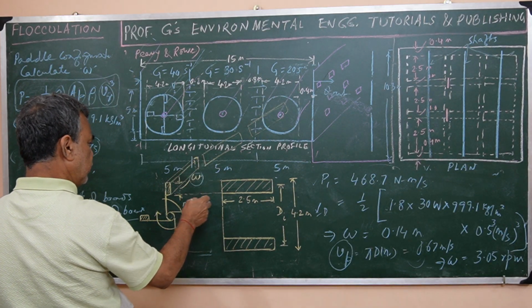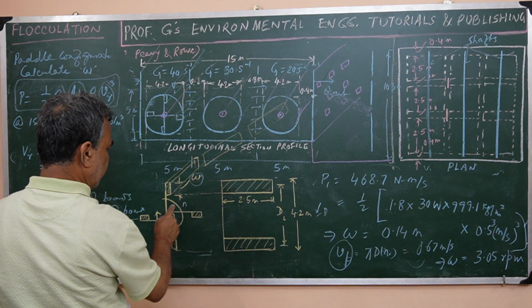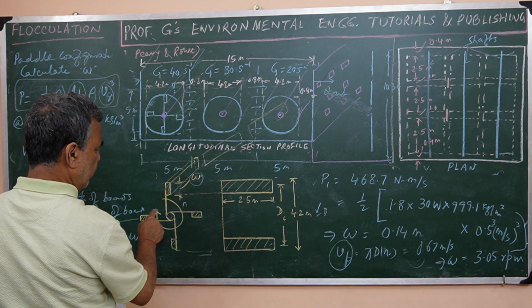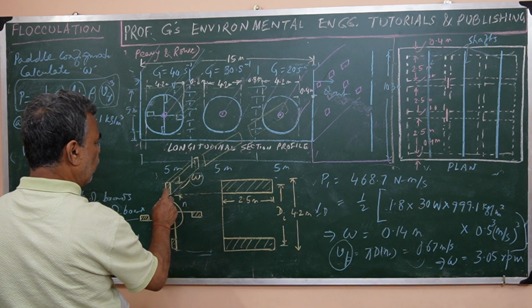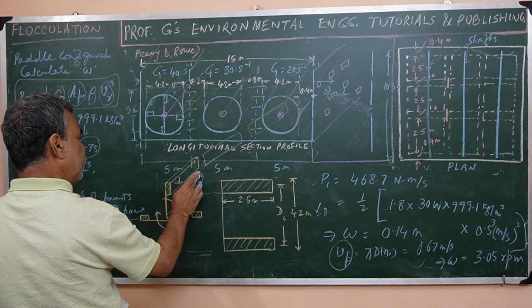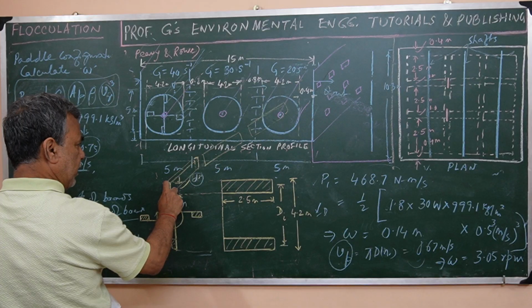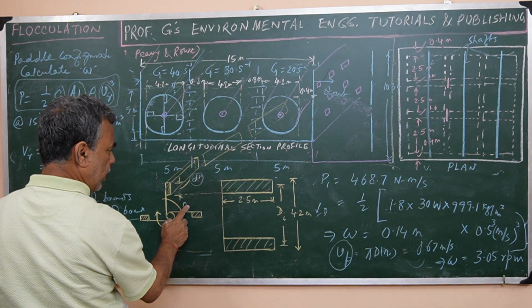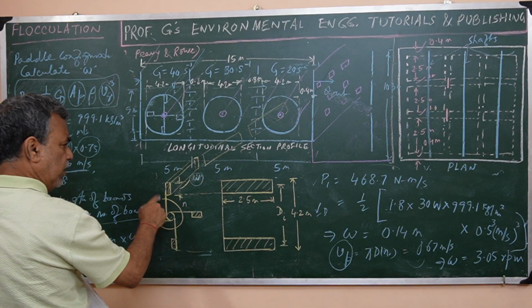Although I have earlier told that many times omega represents the angular rotation also, here we will prefer to use n, because already we have defined it like that. If we would have written this as d, the depth of the paddle, then we could have written omega also. But as we have written w, let me not change that one, n we will use.